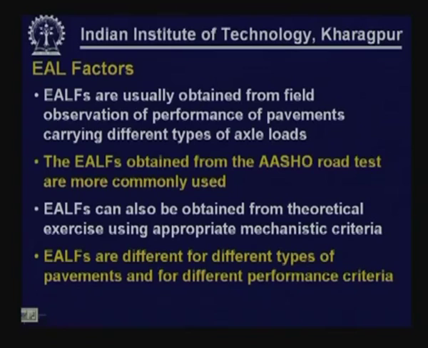Equivalent axle load factors are different for different types of pavement, as I indicated in the previous slide. They are a function of pavement type and the approach that we use for defining performance.